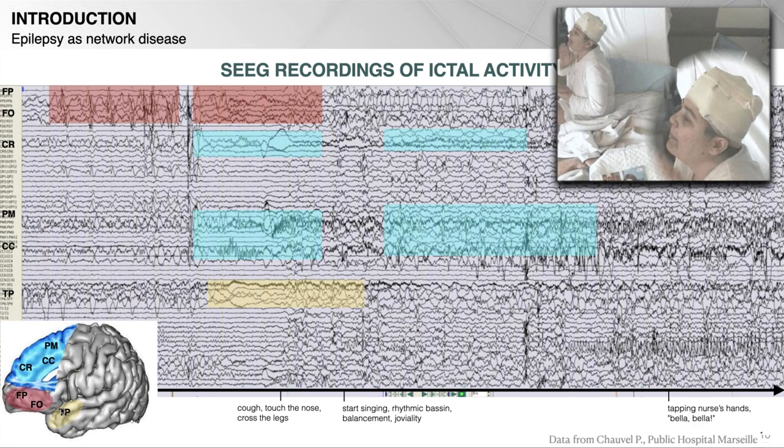It's what we call the propagation zone. So we are talking here of a network disease.